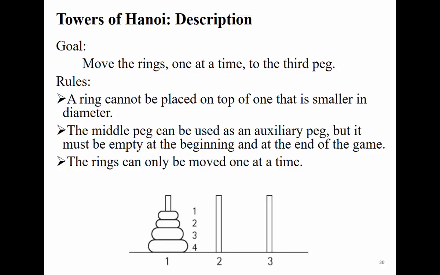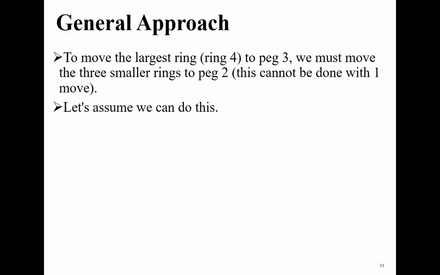But each time you do a movement, you should not violate the rules. You should not put a small diameter below a large diameter, or a large diameter on top of a small one. Always the one with the small diameter should be on top. So this is a very famous problem in the literature.